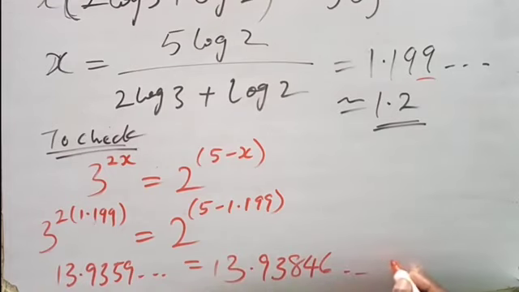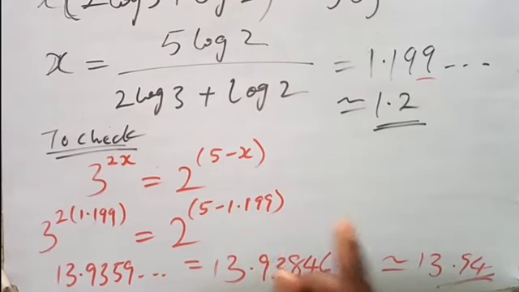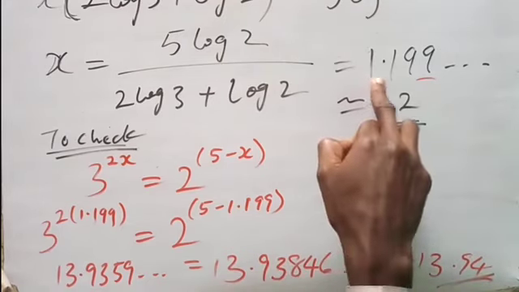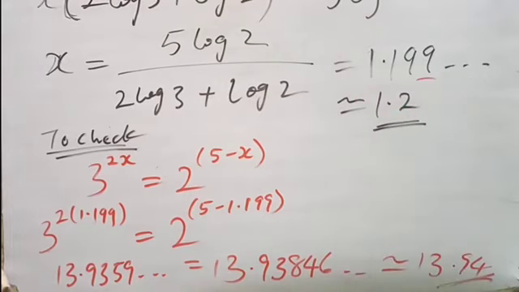Approximately both are equal to 13.94. So our value for x, which is 1.199, is correct for this equation.